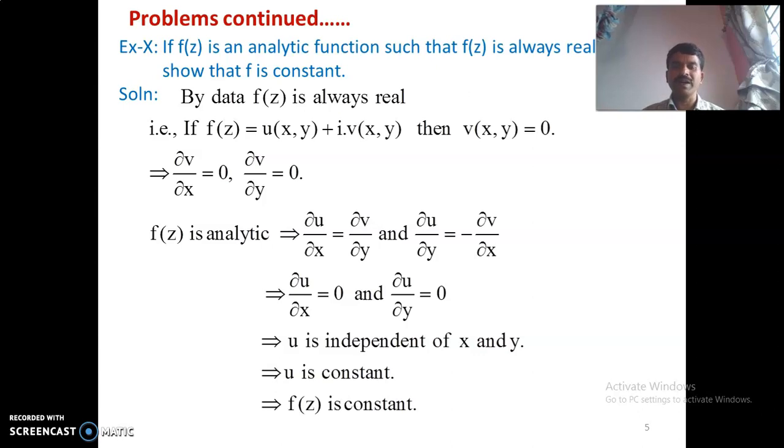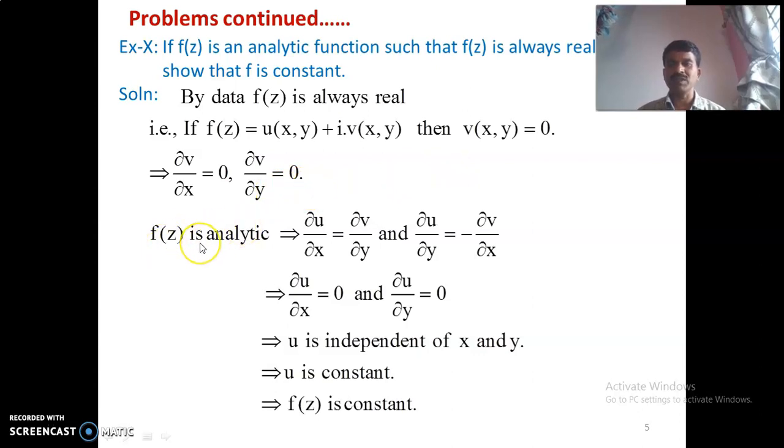The function is real, so the imaginary part is 0. That means f of z is u plus iv, wherein u is given but v is 0. So you can differentiate v with respect to x and y, and this becomes 0.